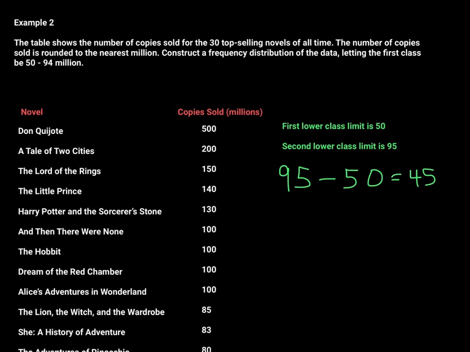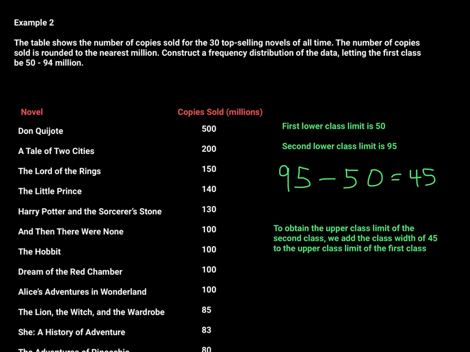All right, so the first class, 50 to 94, right? The second class starts at 95 and 95 is the second lower class limit. In order to get the second class upper limit, what we're going to do is we're going to add the class width to the first class lower limit.